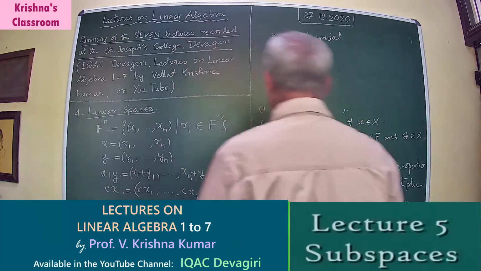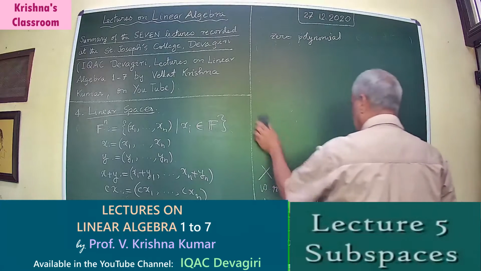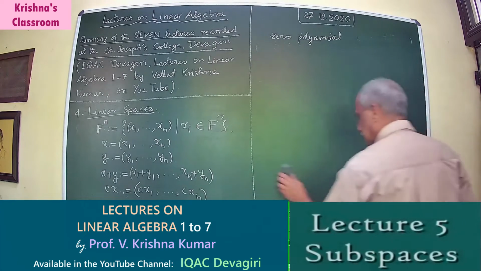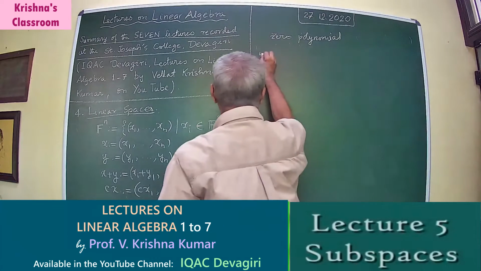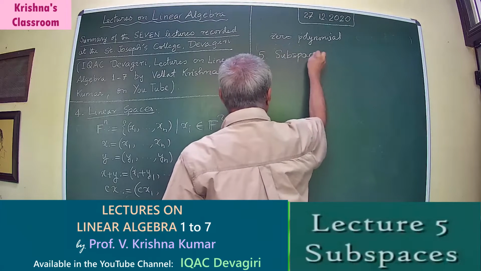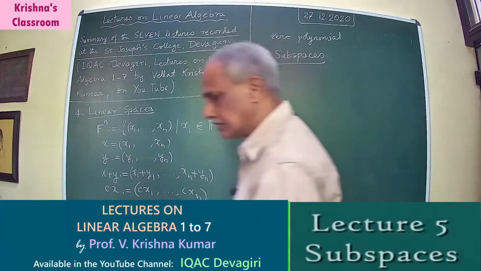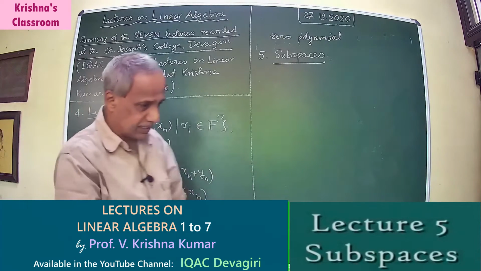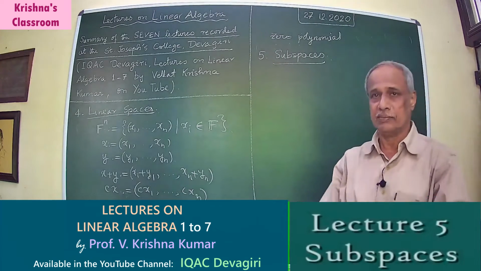Now coming on to chapter 5, chapter 5 deals with what are called subspaces. It is possible that there are certain subsets in a vector space which are themselves vector spaces with the same addition and scalar multiplication.